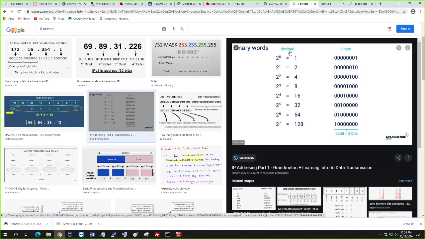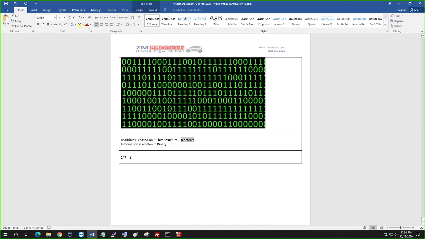It's going to say decimal and binary. An octet is 8 bits, actually, I'm sorry. 1, 2, 3, 4, 5, 6, 7, 8. 8 bits, 32 bits. So 2 to the power of 8.